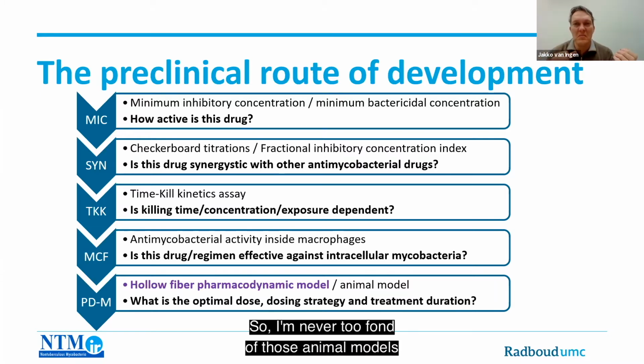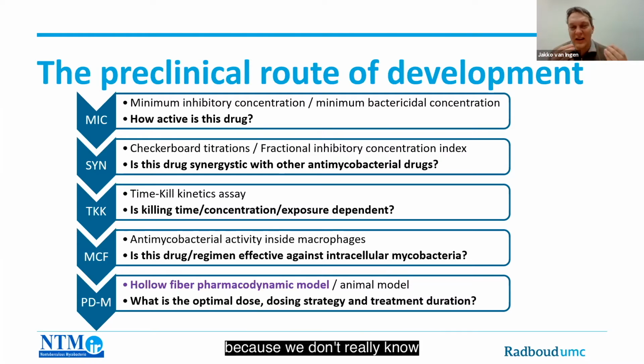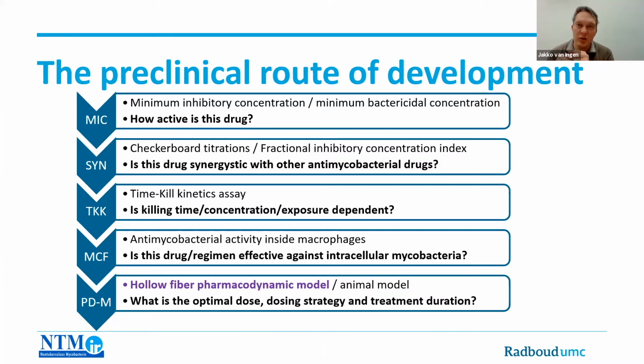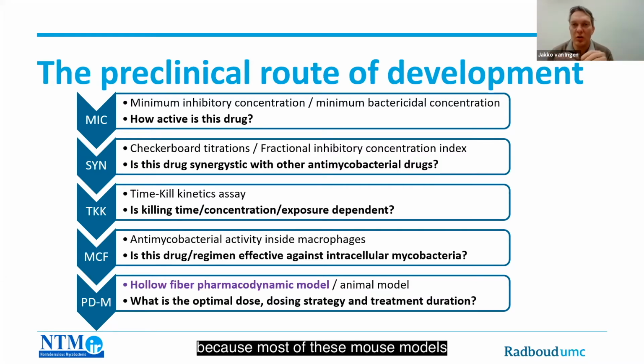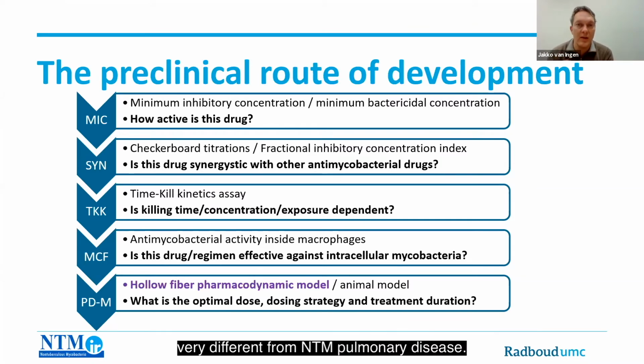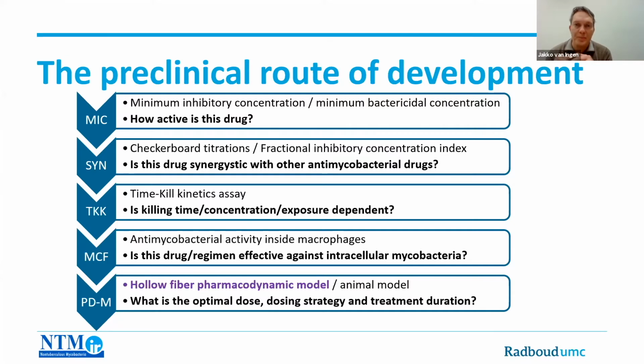So I'm never too fond of those animal models because we don't really know whether they can predict the outcome of a treatment for NTM pulmonary disease, because most of these mouse models don't develop a serious pulmonary disease. They develop a serious disseminated disease in essentially all organs, very different from NTM pulmonary disease.